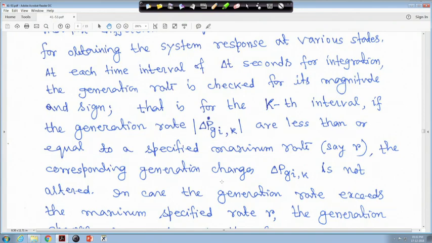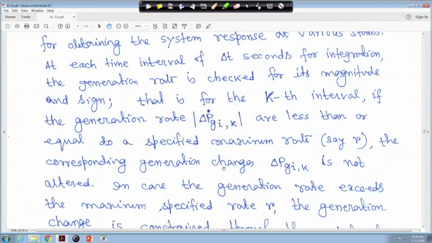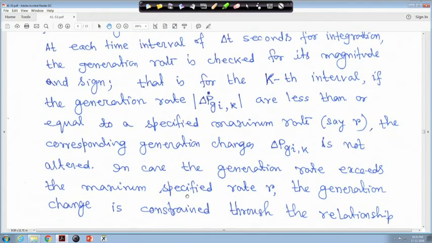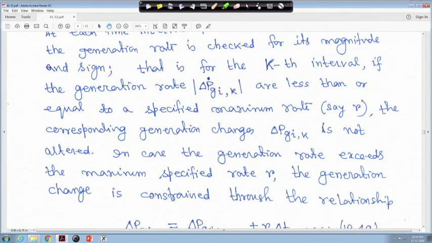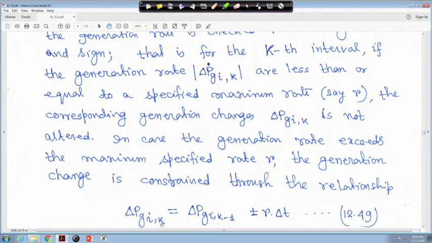In case it violates, that is, the generation rate exceeds the maximum specified rate, the generation change is constrained by the relationship: delta Pgi at the kth interval is equal to delta Pgi at k minus 1 plus or minus R into delta t. Suppose this is your turbine generator block diagram, and this is my delta Pg.